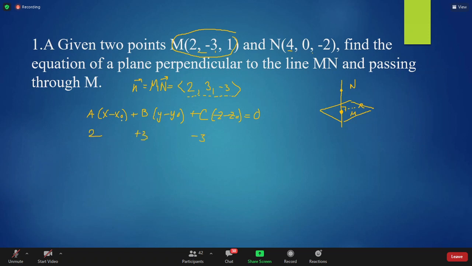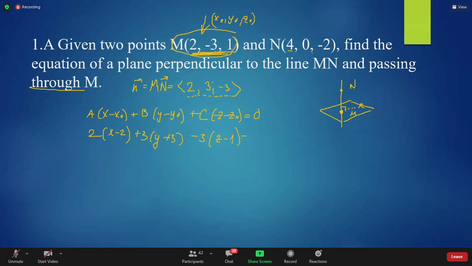And now I need x minus x0, but we will consider this the point with coordinates x0, y0, z0, because it passes through M. So it will be 2 times x minus 2, plus 3 times y minus negative 3, which becomes y plus 3, minus 3 times z minus, evidently, 1. We are using the coordinates of point M. Equals 0.